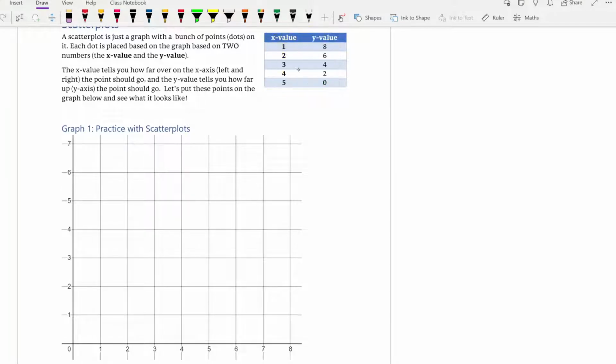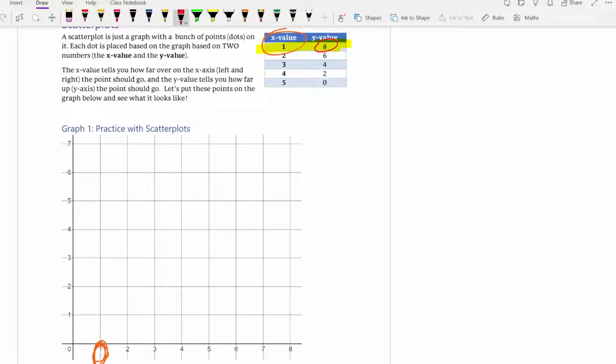So let's try actually putting these on a graph. If I want to put this first point here on the graph, it tells me that it has an x value of 1, which means I need to count along the bottom here until I get to 1. And my point is going to be somewhere on this line that goes up and down. And that tells me that it has a y value of 8.